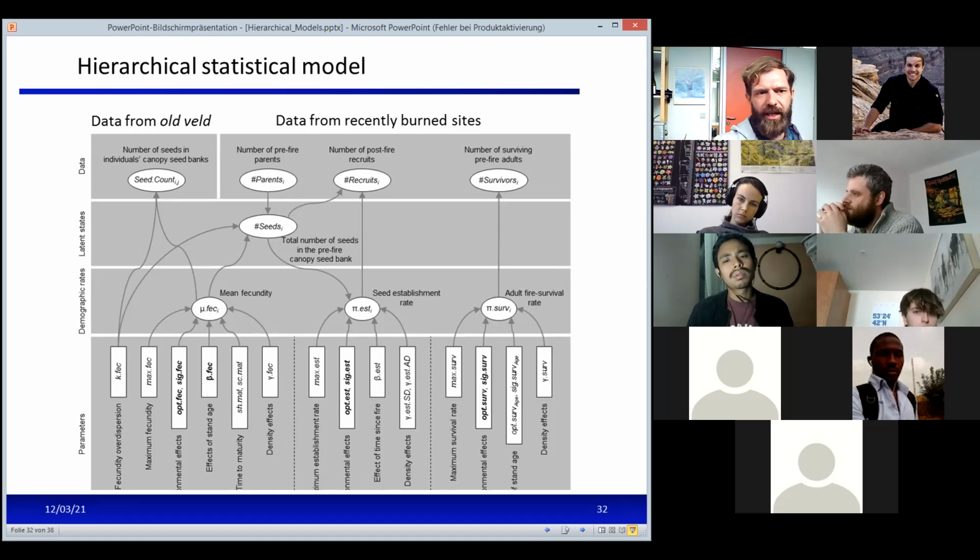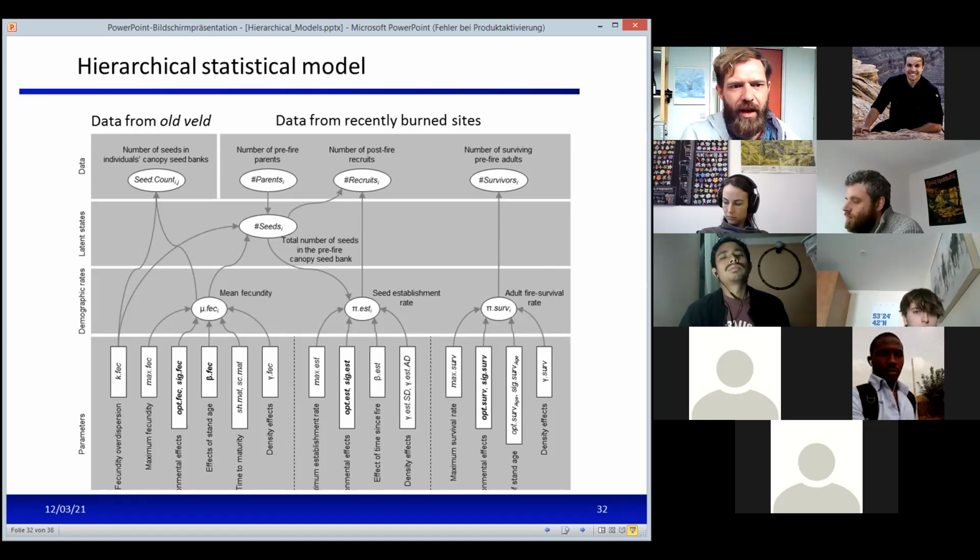And the problem we face here is that while from this data from older sites we get a quite nice direct estimate of fecundity, the data from these recently burned sites, so basically this ratio of pre-fire parents and post-fire recruits, are the outcome of both fecundity and seed establishment rate.